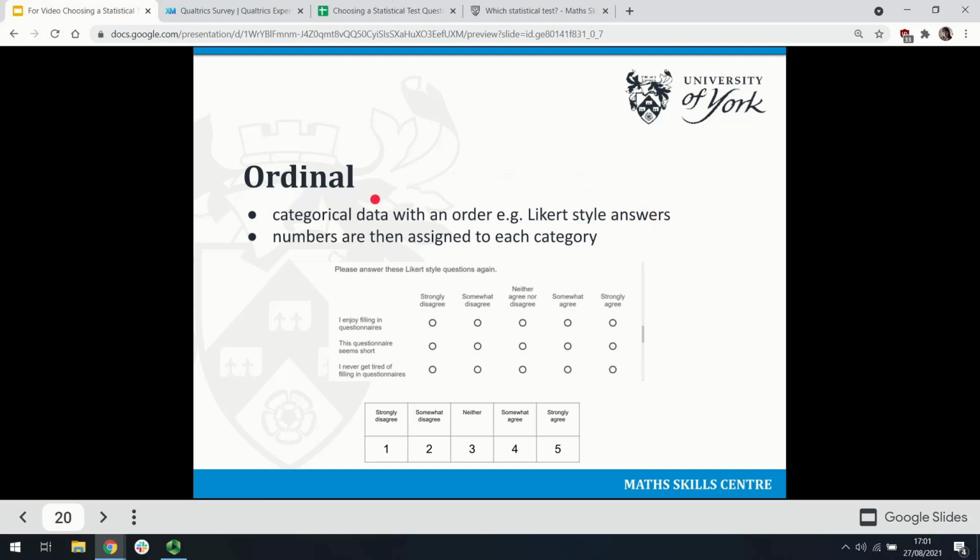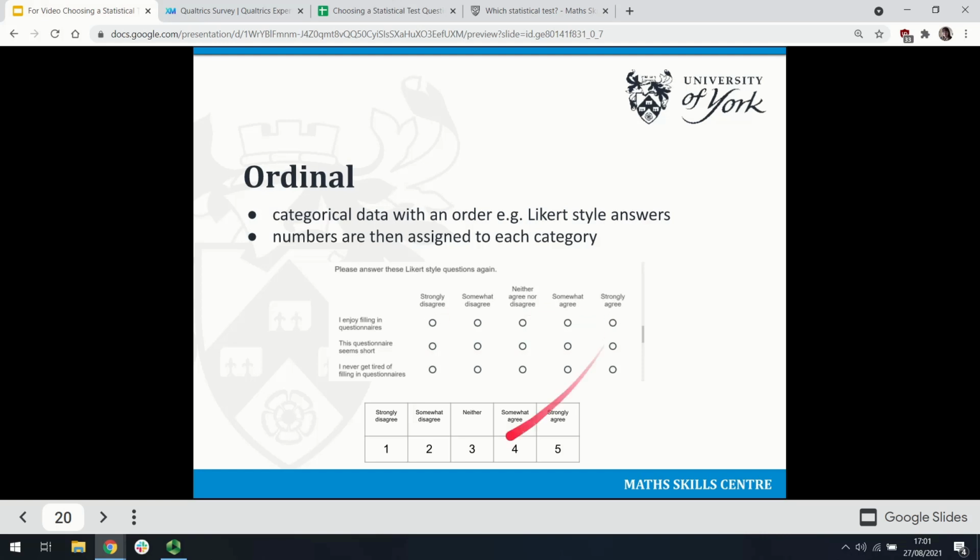Another type of data is ordinal. So anything which is a category, but it has a really obvious order, is ordinal data. So we've got Likert style answers in our questionnaire. These questions where we ask people how much they were enjoying filling in this questionnaire. These were done on a Likert scale, which I'm sure you've come across before, strongly disagree to strongly agree.